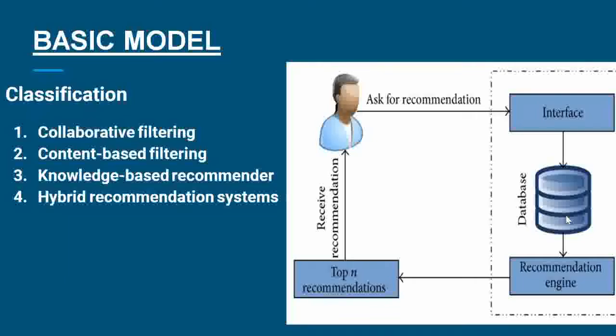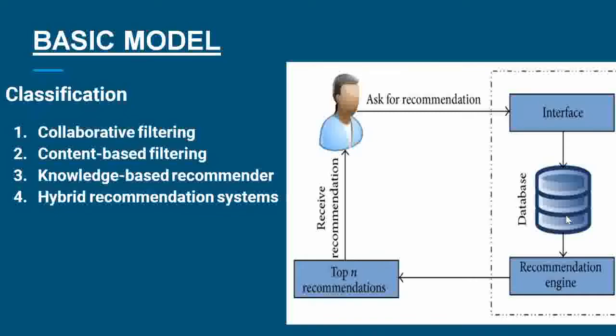So the user asks for a query or searches for information, then the system interface sends it to the database, then the recommendation engine recommends the related thing to the user. This interface, database and recommendation engine combined form a recommender system that we are going to discuss in the next slide. That is our topic.